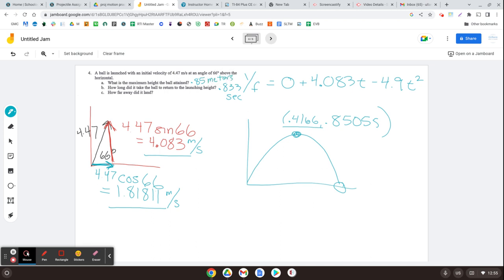Okay. Well, how far did it land? Okay, we go back to distance, and the horizontal is just rate times time because there is no acceleration in the horizontal.